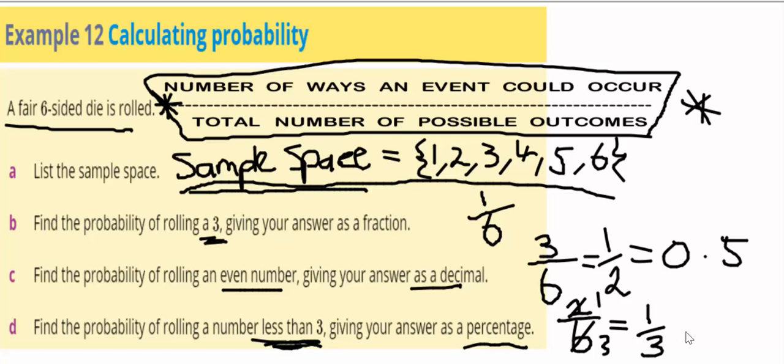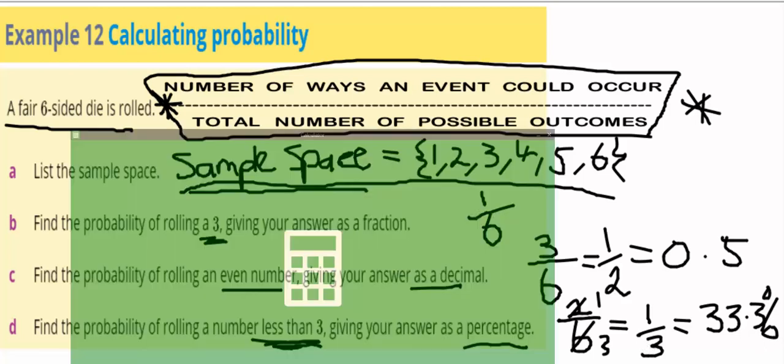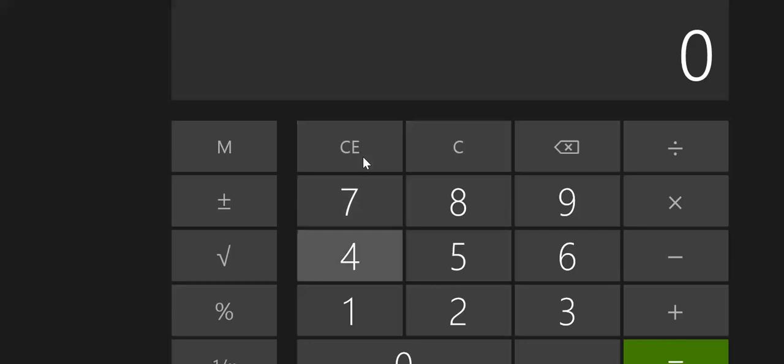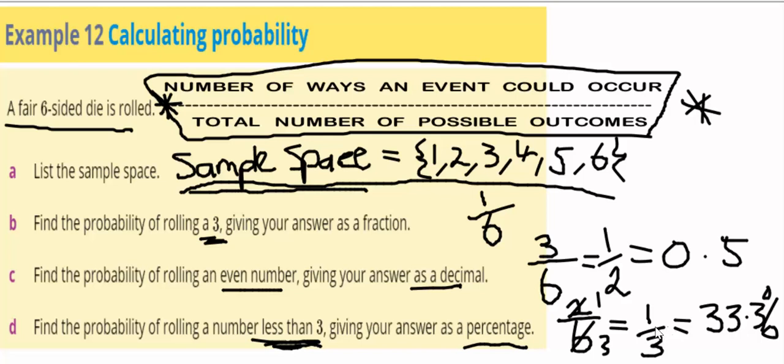And we need to write that as a percentage. Make sure when you do this, you write it as a percentage. So 1/3 is 33, and I'll do that to one decimal place, 33.3%. You could also use a calculator. Remember that the line in a fraction means divide.